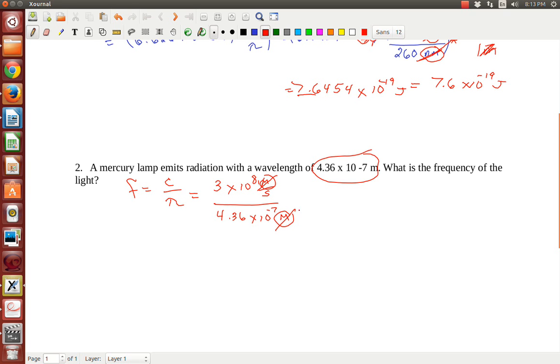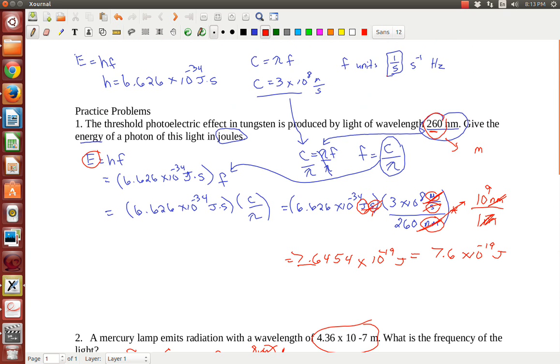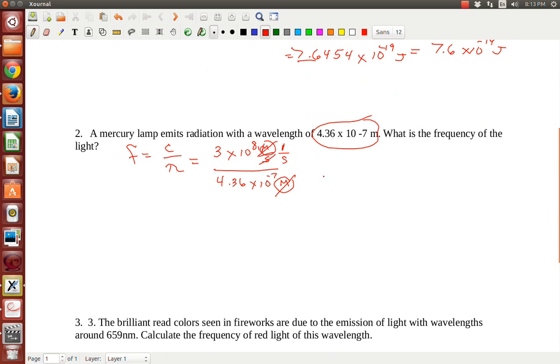They cancel. Notice that when I cancel them, I have a 1 left, and the s is still there. So it's 1 over s, which is great because remember I told you that 1 over s is a frequency unit. So now, just put that in my calculator.